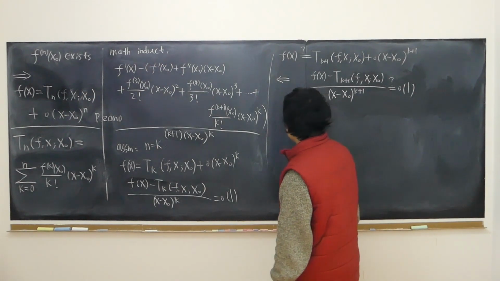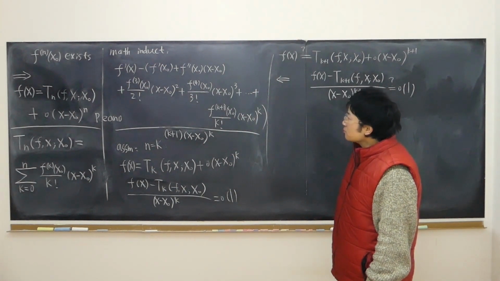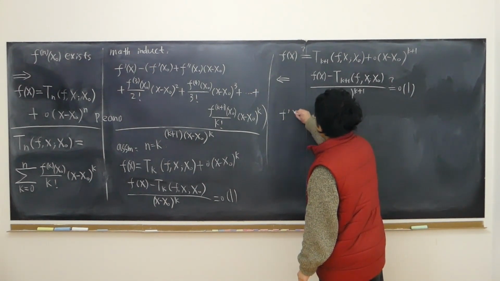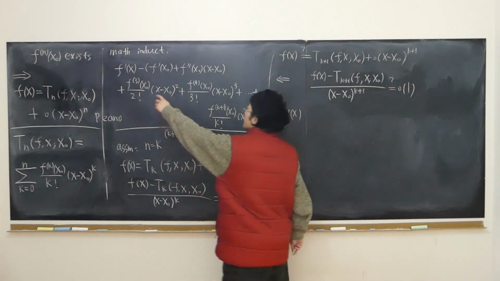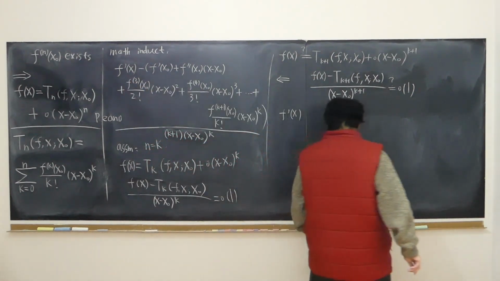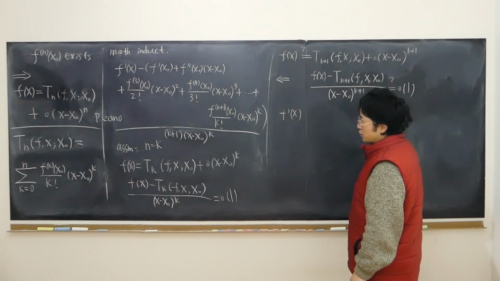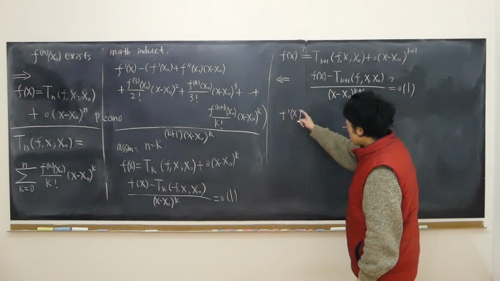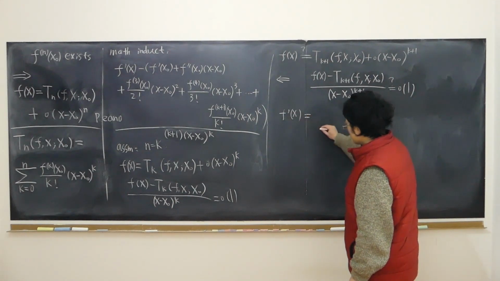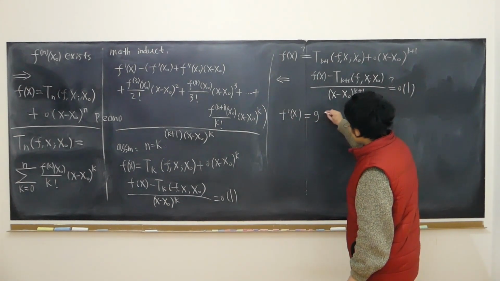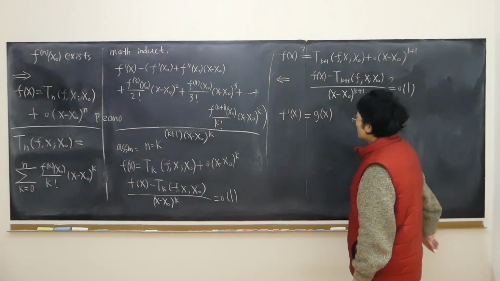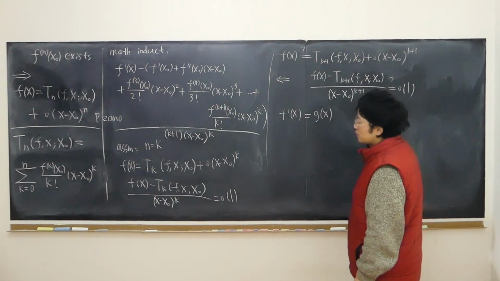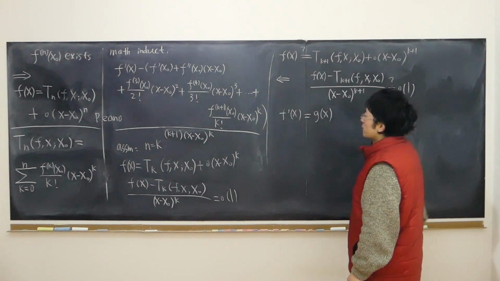But in fact, if we observe closely, f dash x, that's the first order derivative function of f of x. It's also a function in its own right, so we can denote it as g of x. Even though it's a derivative, it's still a function. So denote it as g of x.